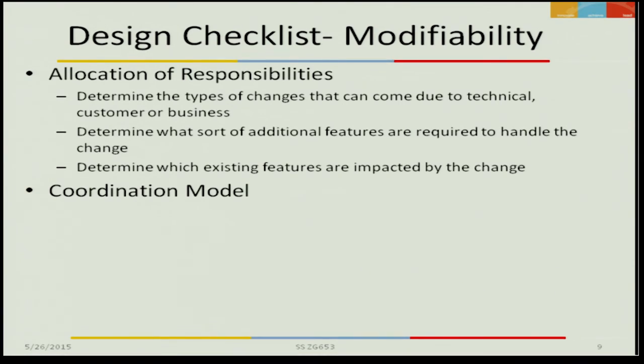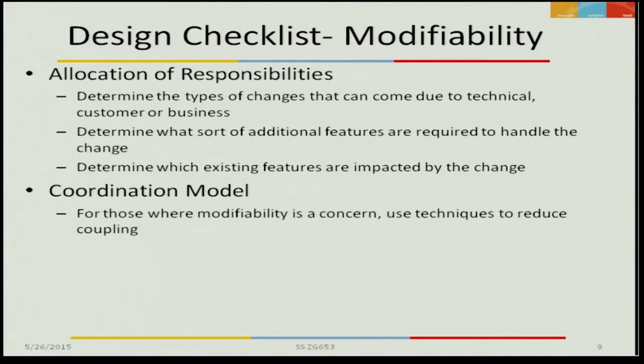Now the next one is called coordination model. Coordination model is essentially about coordination and interaction between different components. For those where modifiability is a concern, use techniques to reduce the coupling. This is a well-known practice, to reduce the coupling between modules, specifically those that are going to be modified.